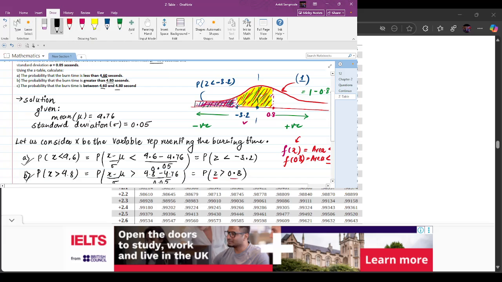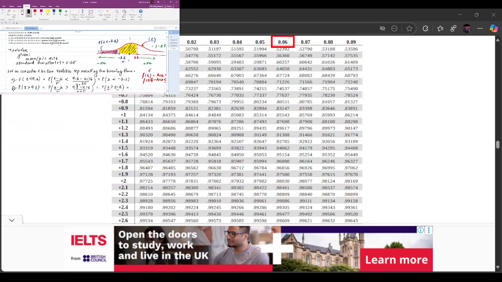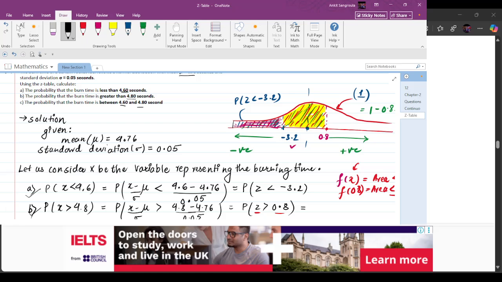So if you find the value of 0.8 from the Z table to be 0.78814, then you can certainly keep 0.78814 as the value. So P(Z < 0.8) will be equal to 0.78814.